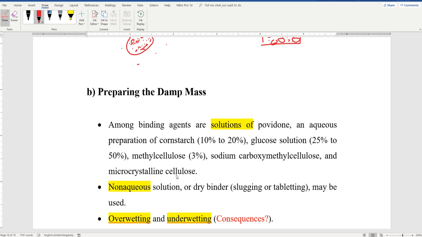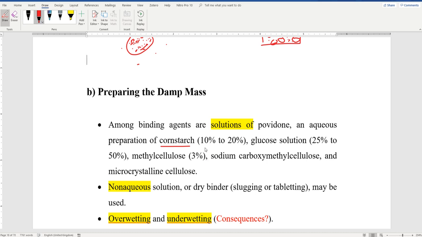You will notice that some of these names, you have seen them as diluent, you have seen them as disintegrating agent, and here you are seeing them as binder. Like cornstarch, for example: this is diluent, binder, disintegrating agent. Microcrystalline cellulose helps disintegration as well, and it's a diluent.